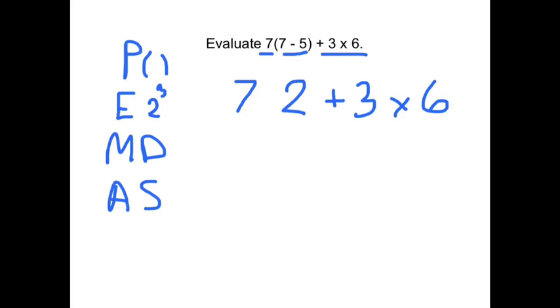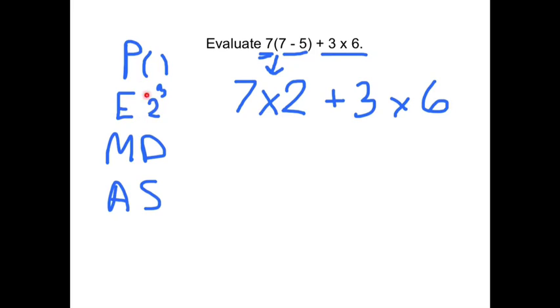Now the question is, what's the operation in between that 7 and the parentheses? Well, they've agreed in algebra that if we don't see the operation, it's always times. So we finished with our parentheses.